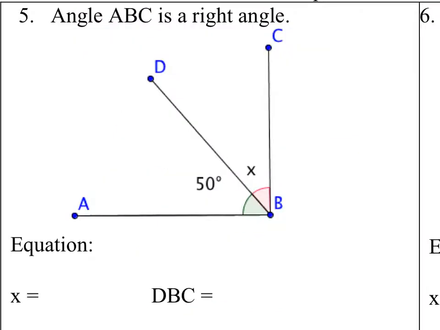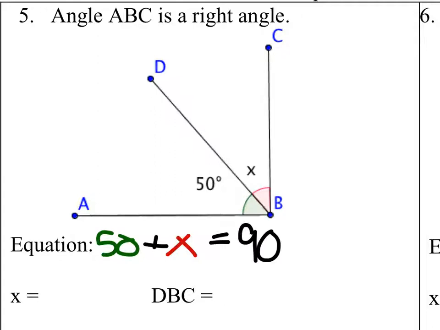All right. This one, it says that angle ABC is a right angle. So these two angles have what kind of relationship? Complementary. Very good. So that means that the equation would be taking that 50-degree angle, adding it to the x degree angle, and we would get a complementary relationship of 90 degrees.